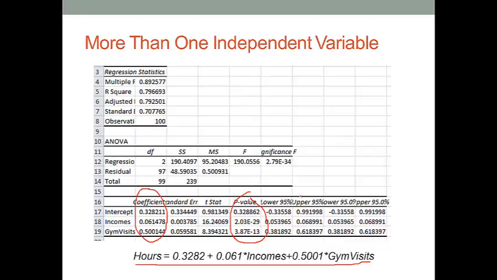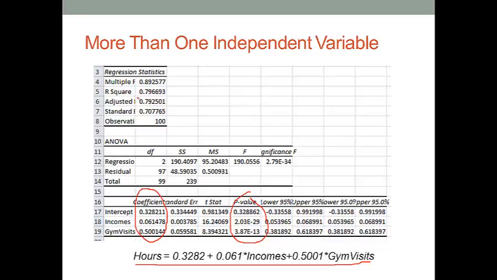Third factor, R squared value. What is the R squared value now? 79%. Obviously, when we add more independent variables into the analysis, we consider the same factor, hours, from different perspectives. Our model is able to predict a larger percentage of the dependent variable change.